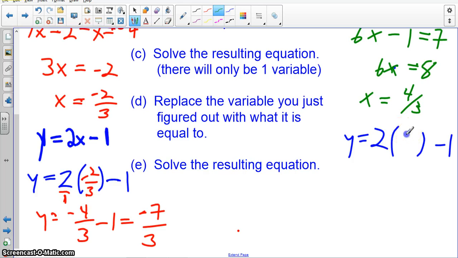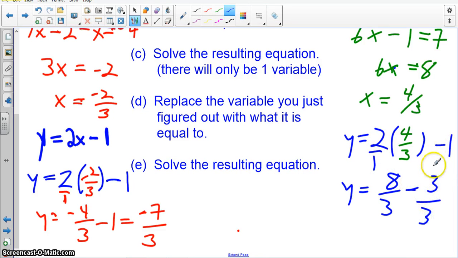And so of course, x, we know, is 4/3. So we get y equals 8/3, because we do 2 times 4, 1 times 3. Remember, when you multiply fractions, you multiply straight across. So the numerators get multiplied, that makes the 8. Denominators get multiplied, that makes it 3. Minus, and I got to make a common denominator here if I'm going to subtract them. And so that is 5/3 after all is said and done.